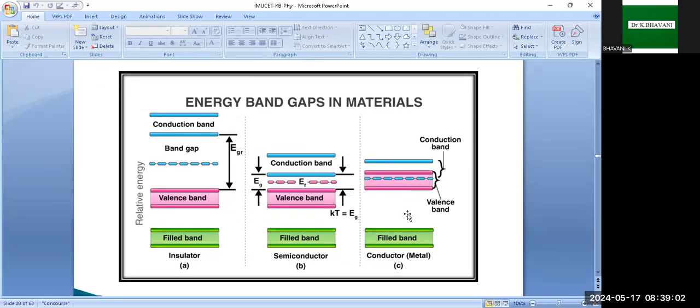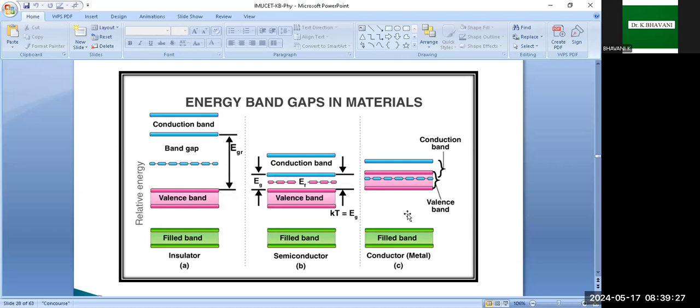And the energy band gap in various types of materials. These materials, guys, we can classify into insulator, semiconductor, and conductor. For these we get the energy band gap, with the conduction band and valence band.